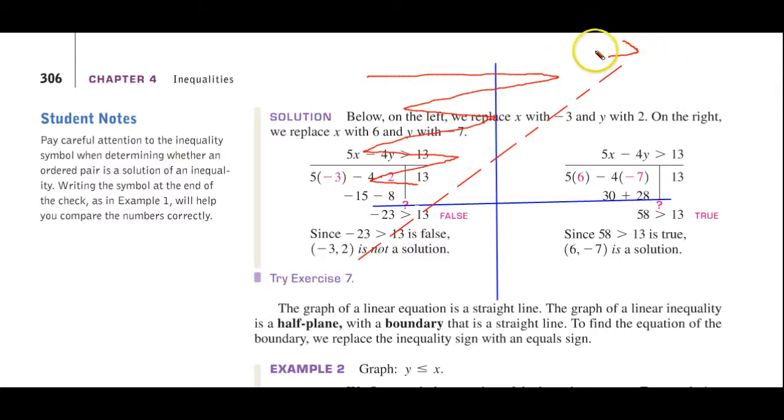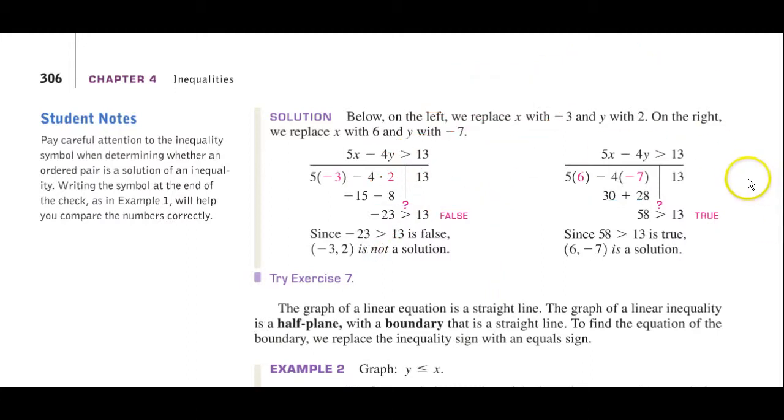If y is greater than something, then it's above the line. If y were less than something, it would be this region here. But if y were equal, then this would have been a solid line. But these are things we'll be getting to as we move into the chapter.